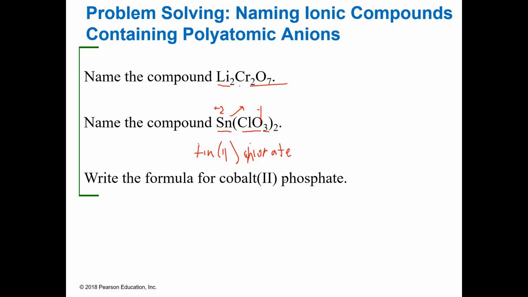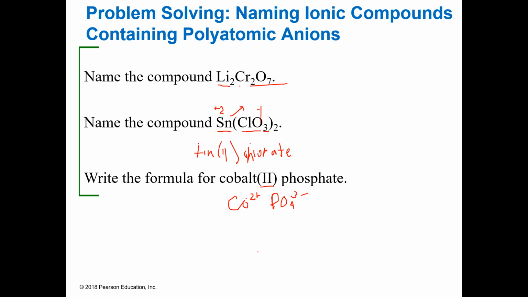Okay. So now we're going to write the formula. So cobalt is Co. This is telling me it has a 2+ charge. I'm going to look up phosphate on my chart. Phosphate is PO4 to the 3-. So how do I put those two together?